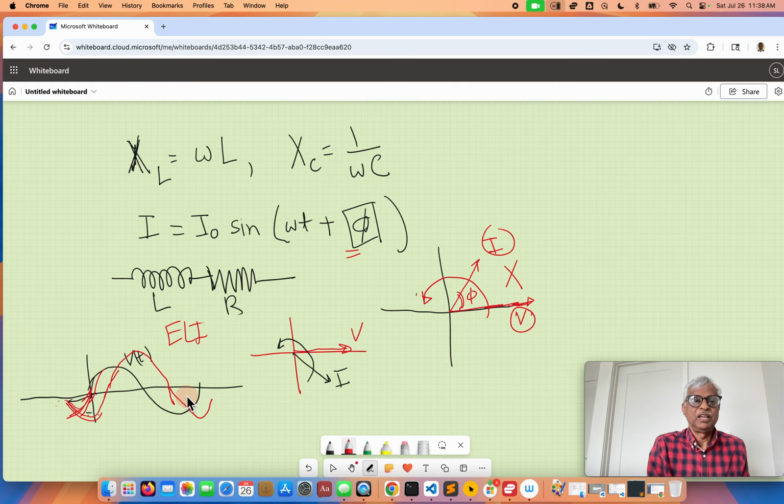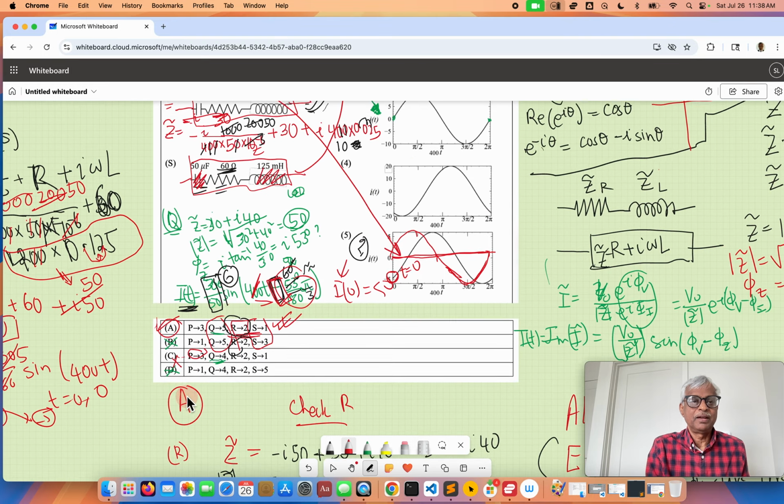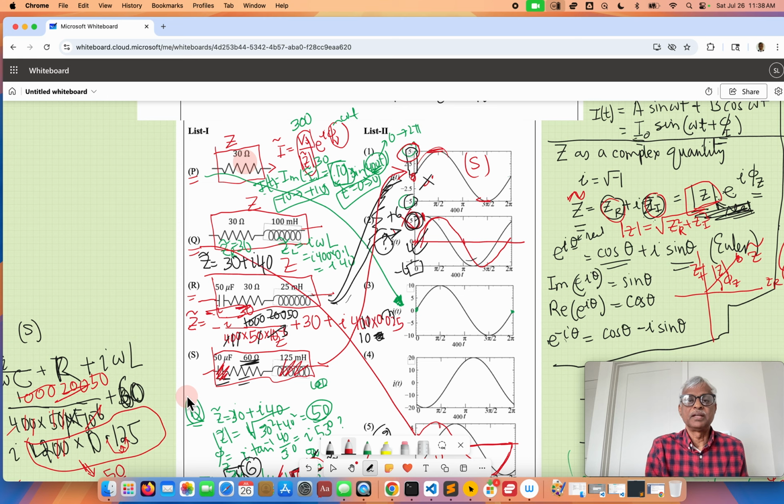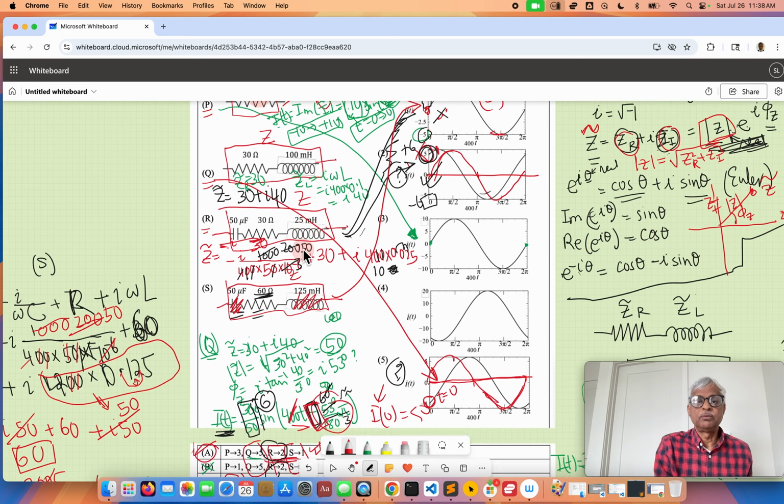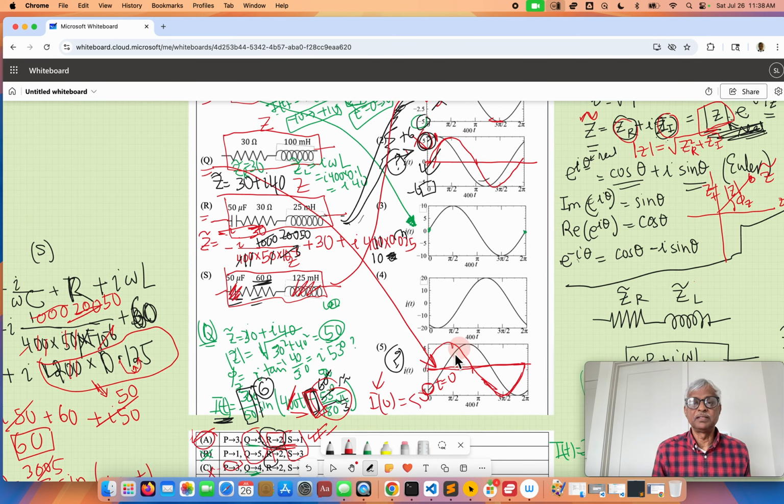So if I see an LR circuit, this was the LR circuit over here, and that was the current like this. You can just tell from ELI the ICEman: if this is zero, this guy's zero comes after the zero of the voltage.